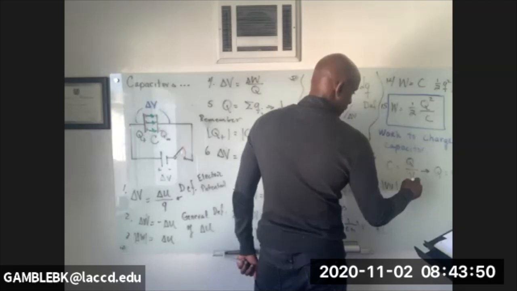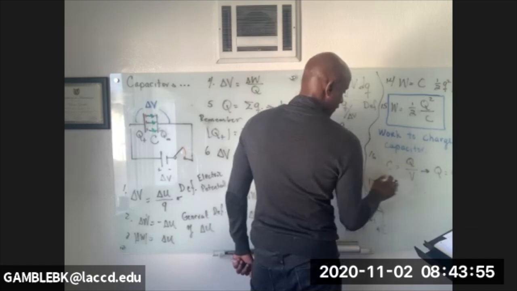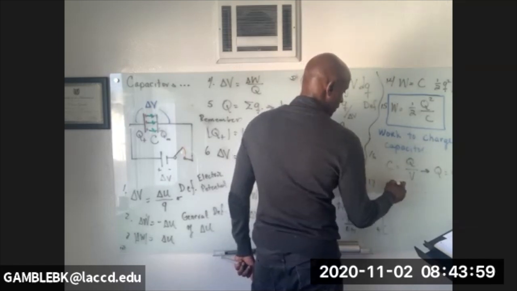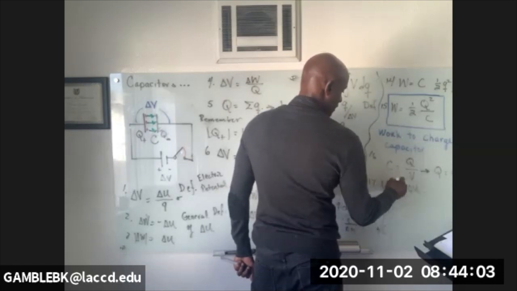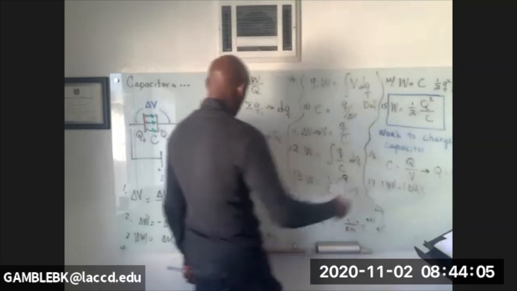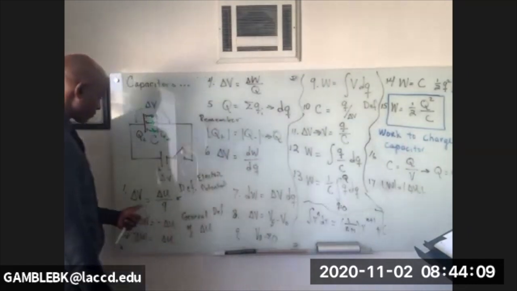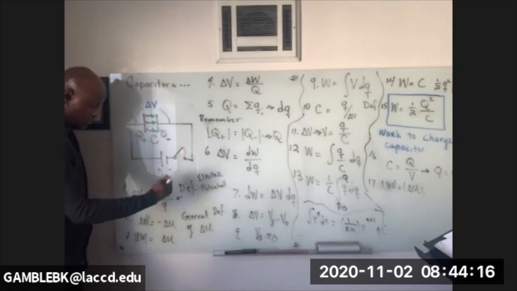And of course, the work done is equal to the change in potential energy. But going back to this relationship here, delta V is equal to delta U over Q, but V is equal to just U over Q, right?